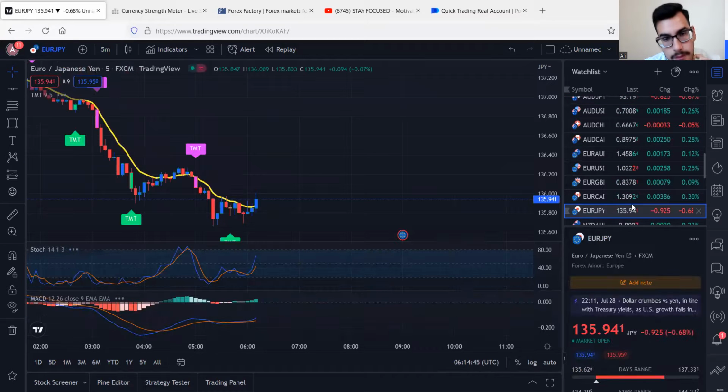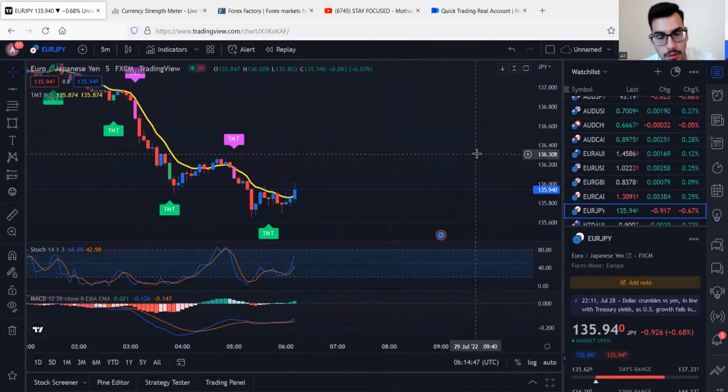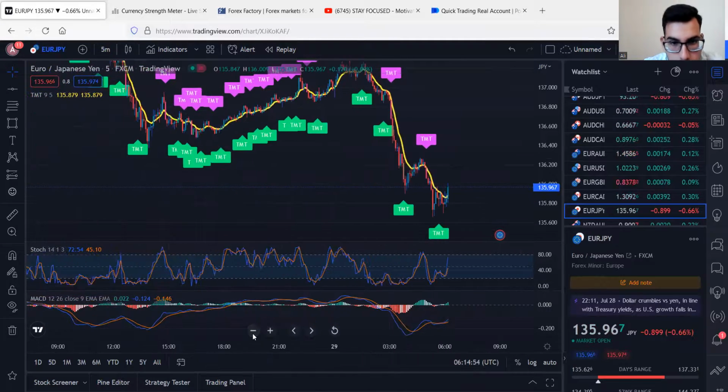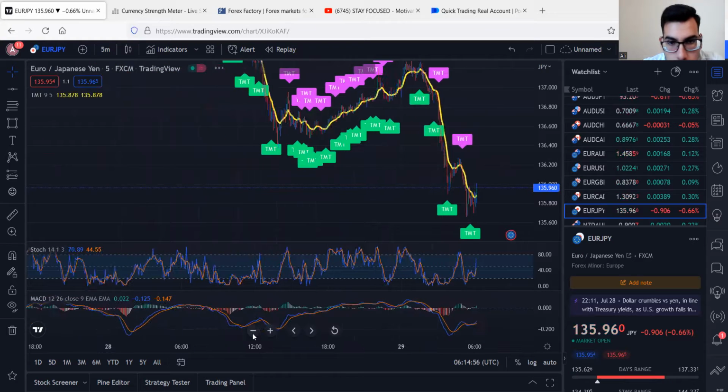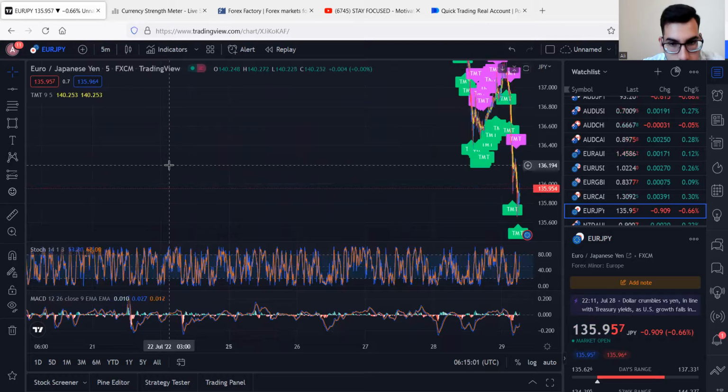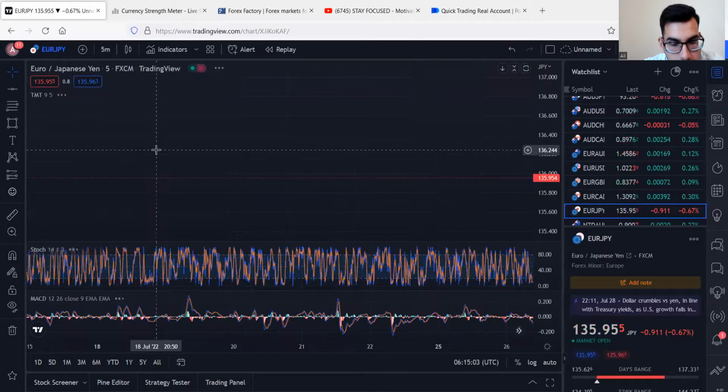Let's look at Euro JPY. Yes, it's going towards our area. The stochastic is slowly getting there to the overbought condition. But there doesn't seem to be any errors here.